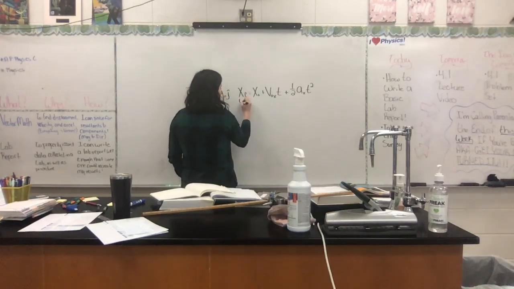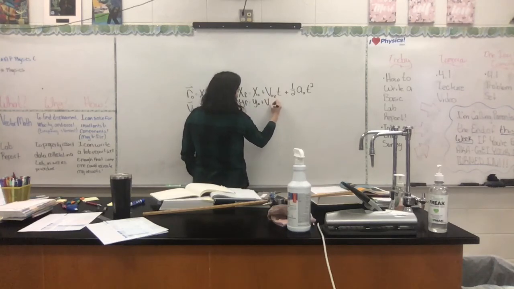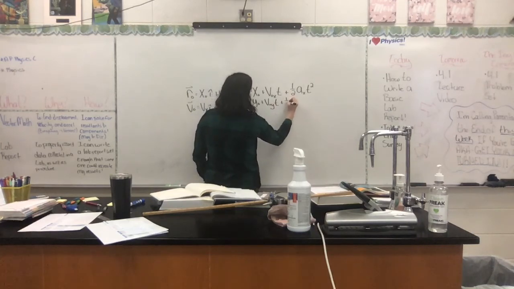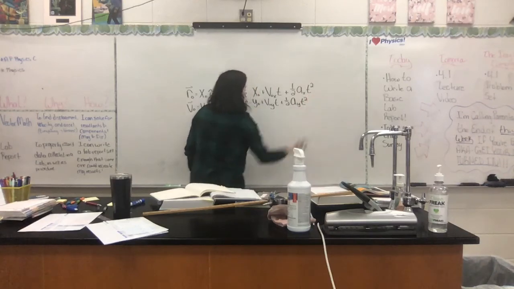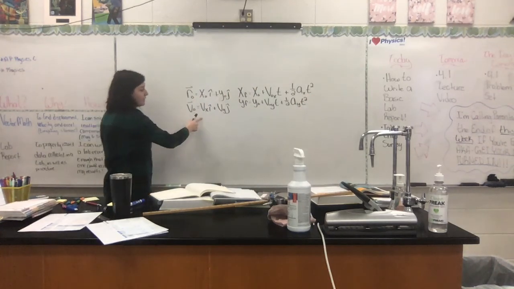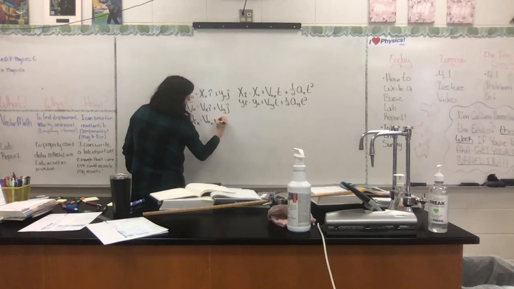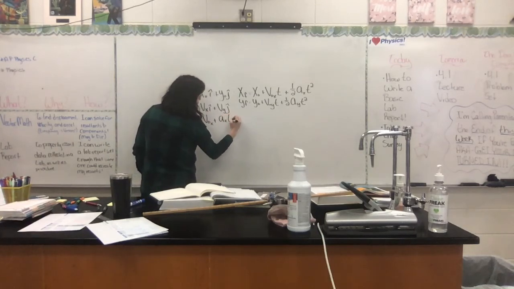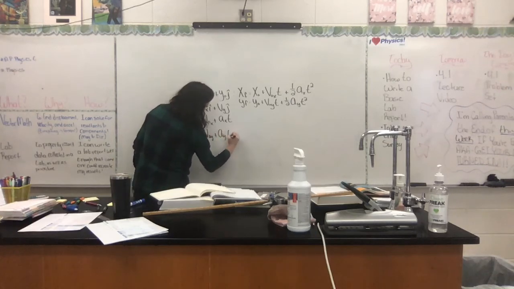Then it would be yf equals y naught plus v naught y t plus 1/2 ay t squared, okay? And then for our velocity, it's going to be vfx equals v naught x plus ax t, and vfy equals v naught y plus ay t.